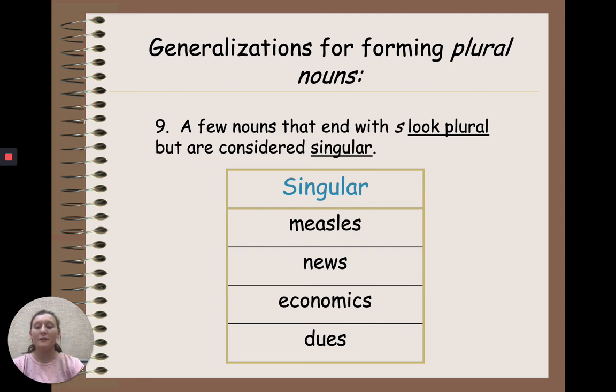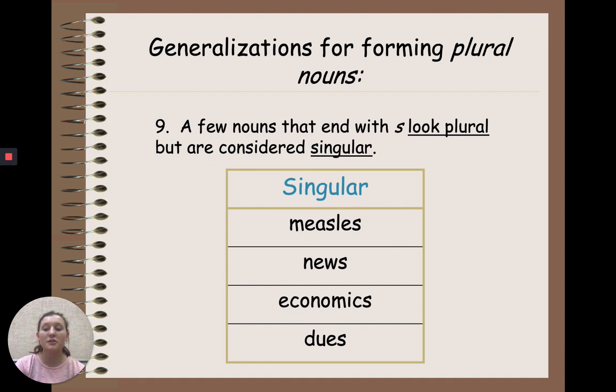All right, and our last slide for today. We have a few nouns that end with S that look plural but are considered singular. So like the word measles. If you said, I have the measles, you're actually saying it as singular, even though normally the S would make it look plural. Or the news.